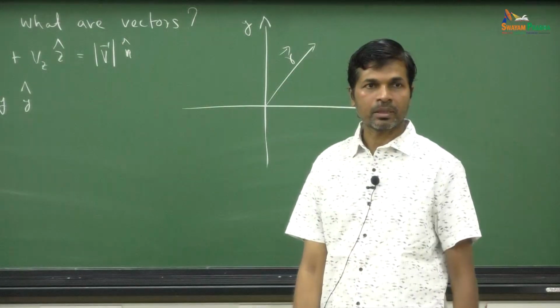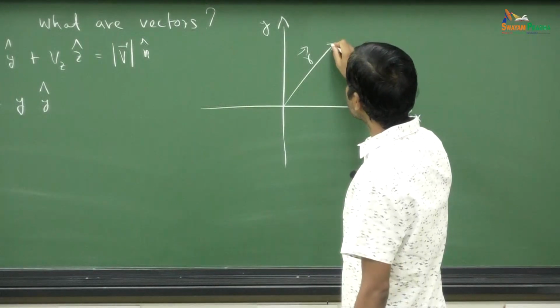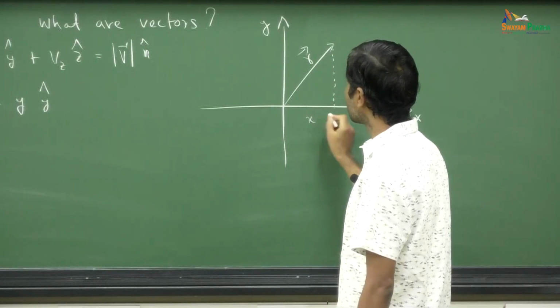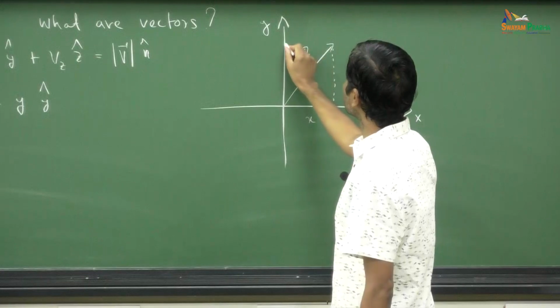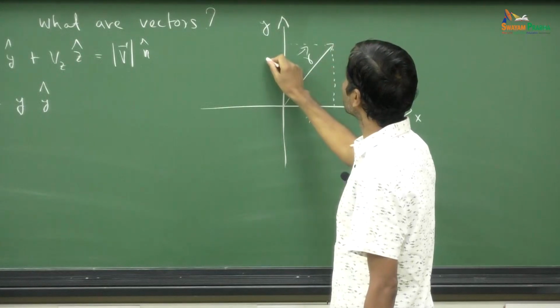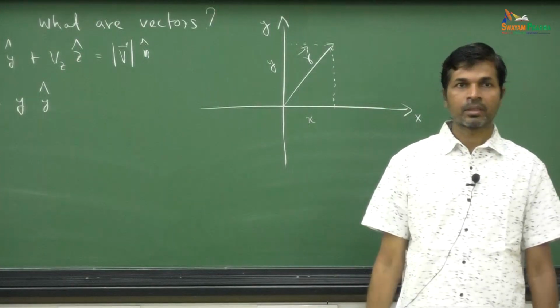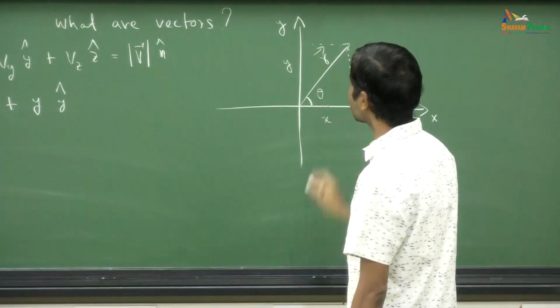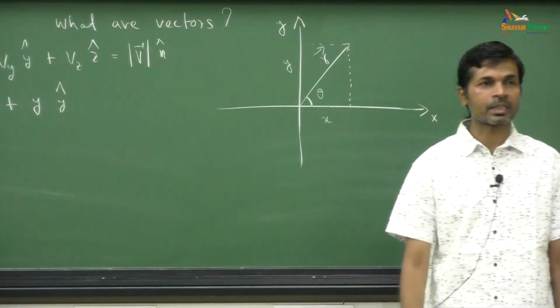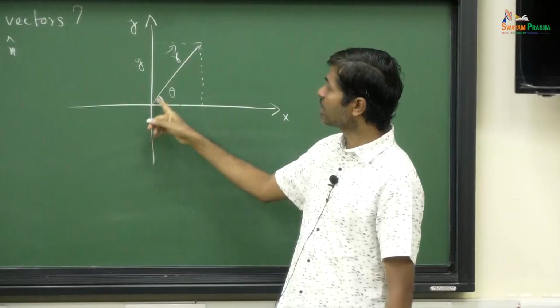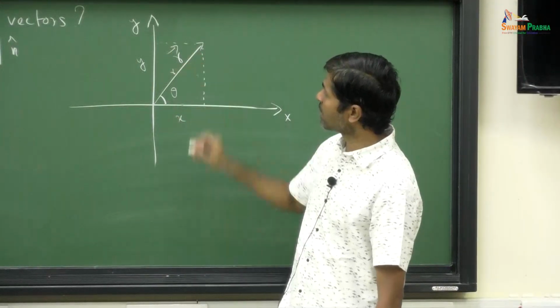and the projection here, this is x, and then this is your y. Okay. Suppose it makes an angle theta with respect to x-axis, and let us say the magnitude here is small r without an arrow.